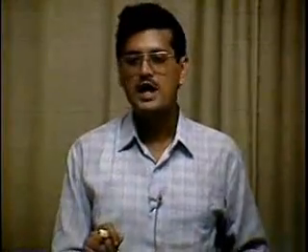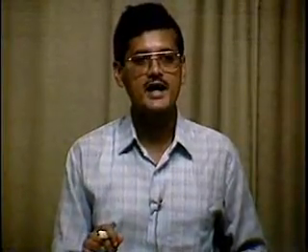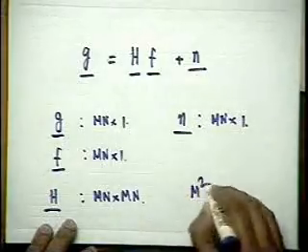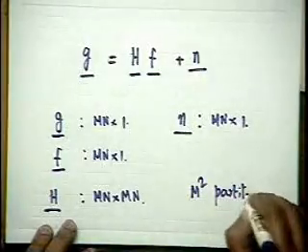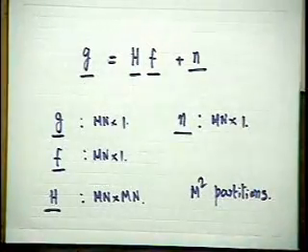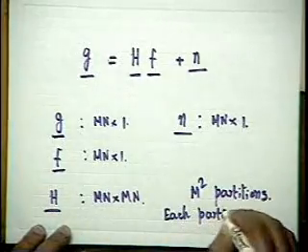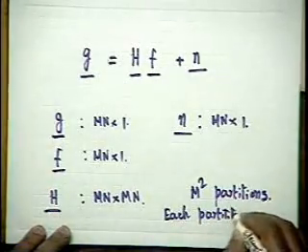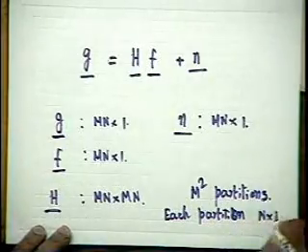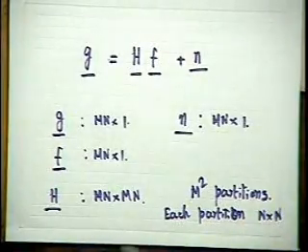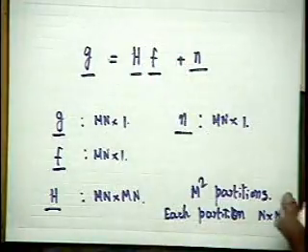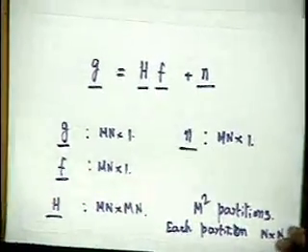So obviously capital H is of dimension mn by mn, and this we can regard as m square number of partitions, and each partition of size n by n. So we can now write this capital H in terms of block matrices, and the block matrix composition will be like this.